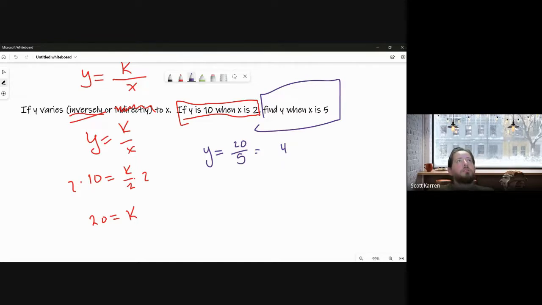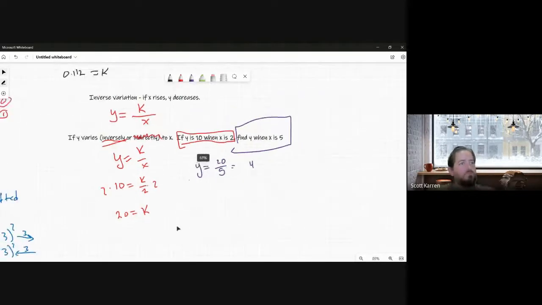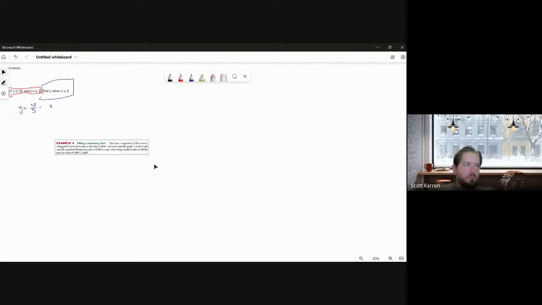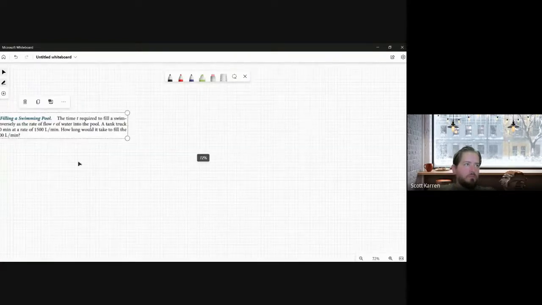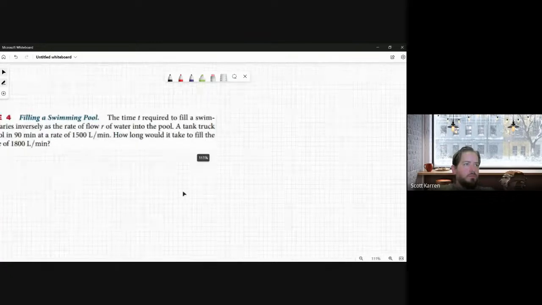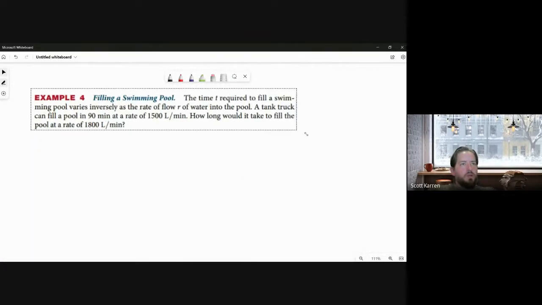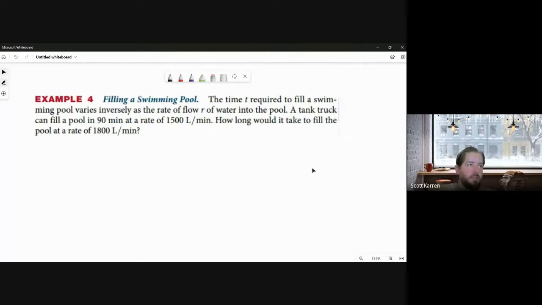So let's grab, not that one, I want this one. The time required to fill a swimming pool varies inversely.